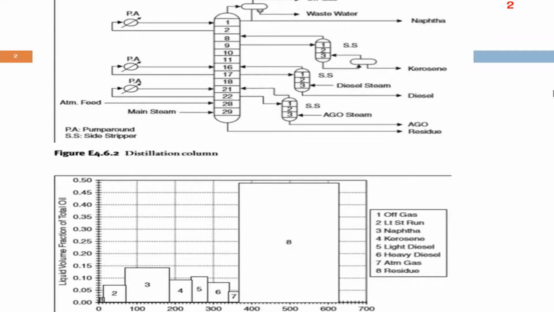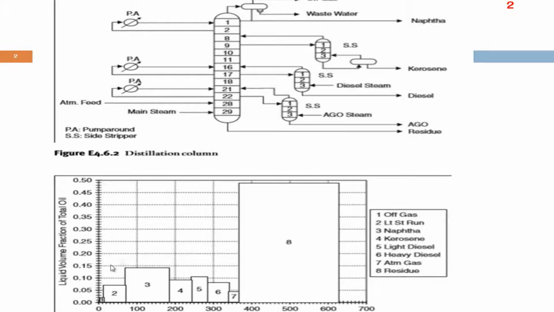Let me remind you about the CDU, the crude distillation unit that we talked about in the previous chapter. The products from this unit include gas, naphtha, kerosene, diesel, and so on, the gas oil. In this case, we can make the crude distillation curve.